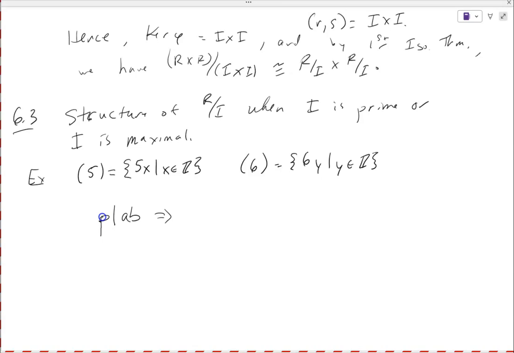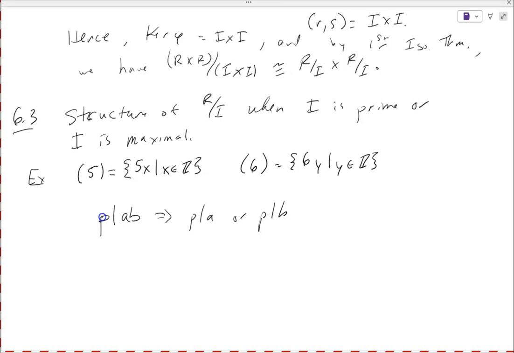The prime itself is 1 or P. The only way I can get a P in a product is if it's in one of the things that's being multiplied, right? So this says that P has to divide A or P has to divide B. And it does have to do with the fact that the only factors of P are 1 and P. Remember, the proof is that if P doesn't divide A, then the GCD of P and A is 1.